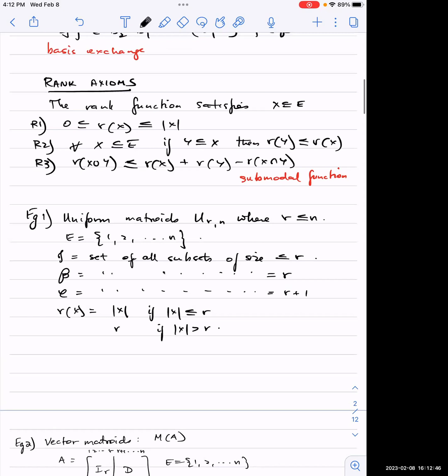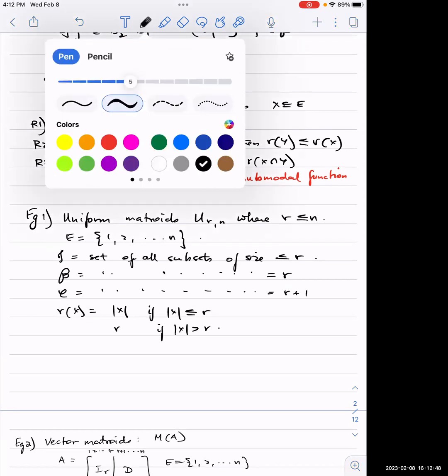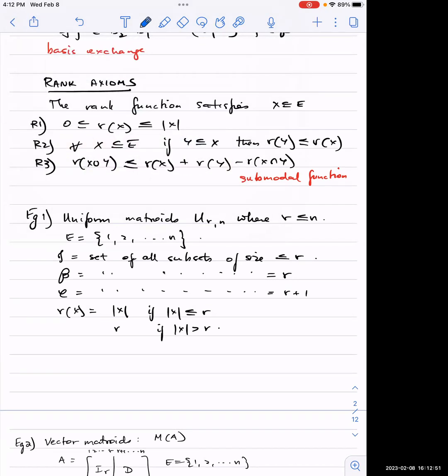So our new example is going to be, let's call it example 4. I have examples 2 and 3 on the next page. I want to put example 4 right here. It's going to be what is called a paving matroid.